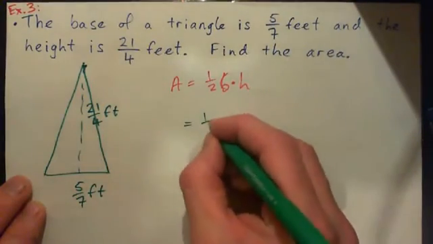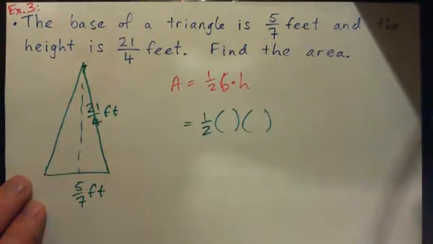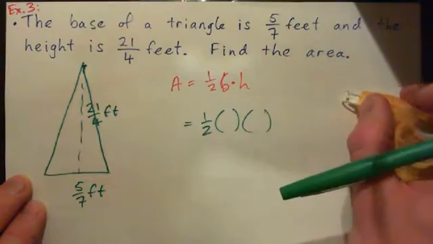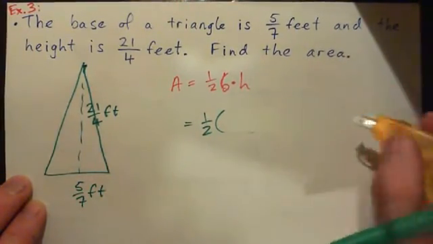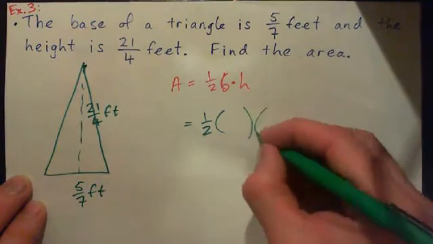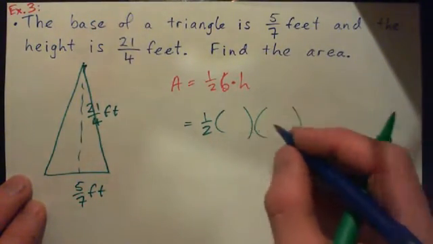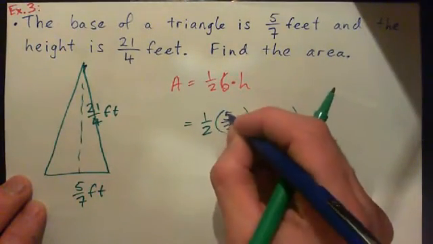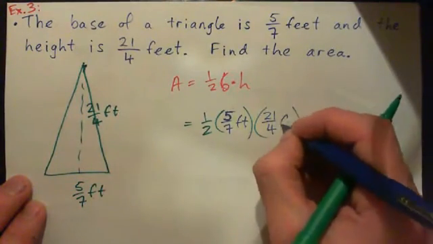And actually, I should put the feet in this time, shouldn't I? Sorry. So to do this perfectly right, you would put the base is 5/7 feet. The height is 21 over 4 feet.